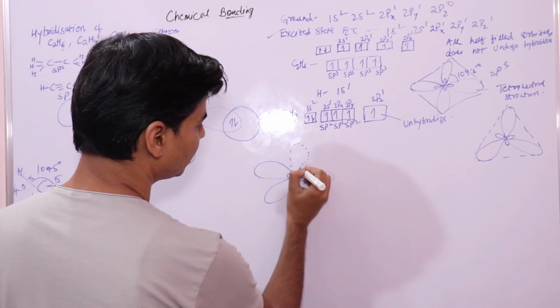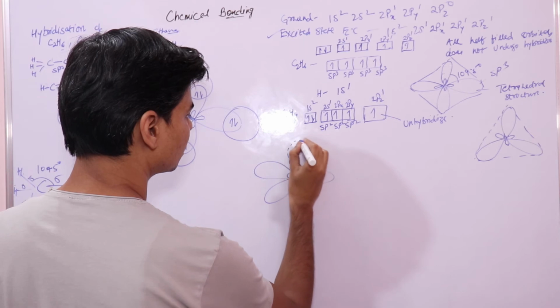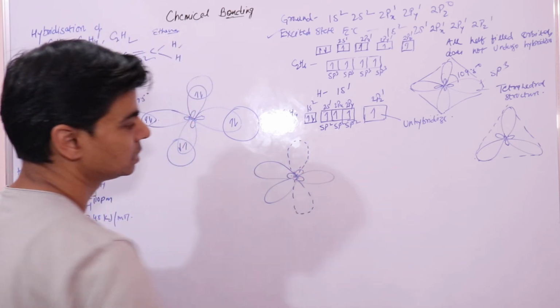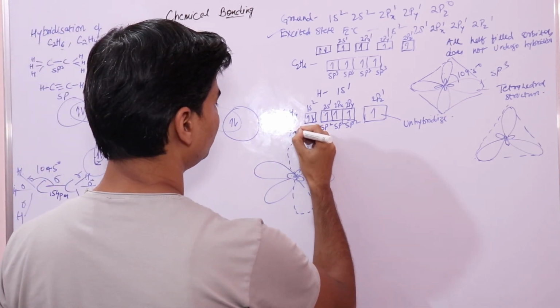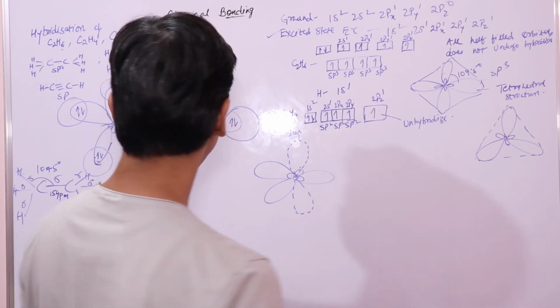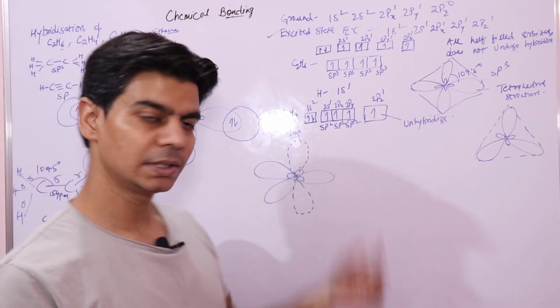We would be drawing it like this. This is your unhybridized 2pz orbital, right? Similarly for the second carbon atom, it is also sp2 hybridized, right?